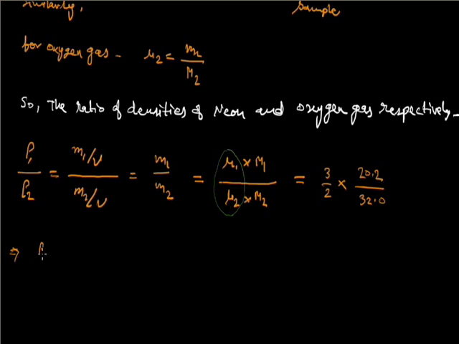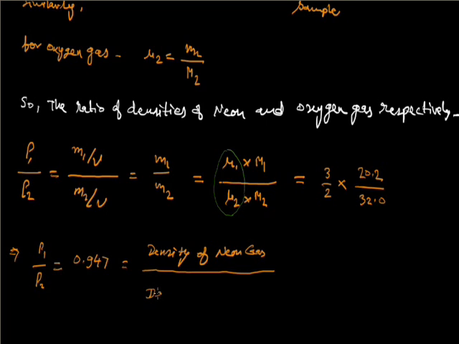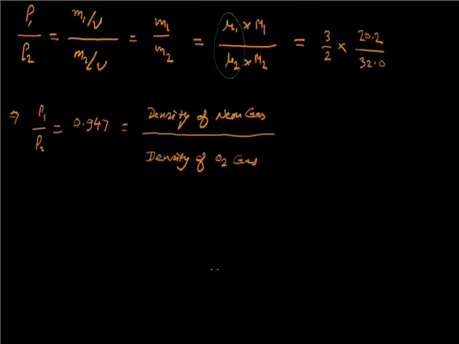On solving this, we get the density of neon gas to the density of oxygen gas as 0.947. It is the ratio of the density of neon gas to the density of oxygen gas, and that is our required answer.